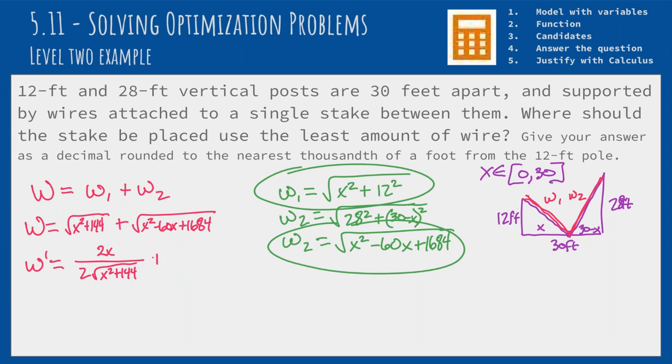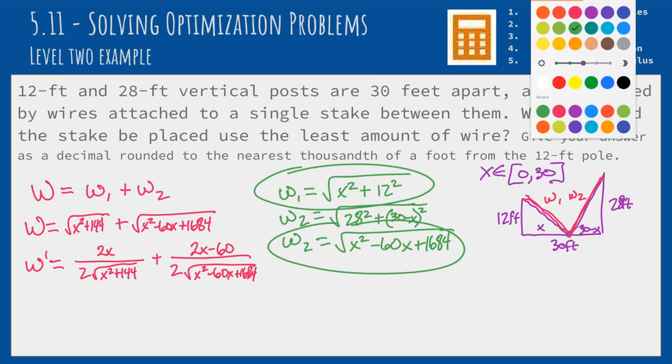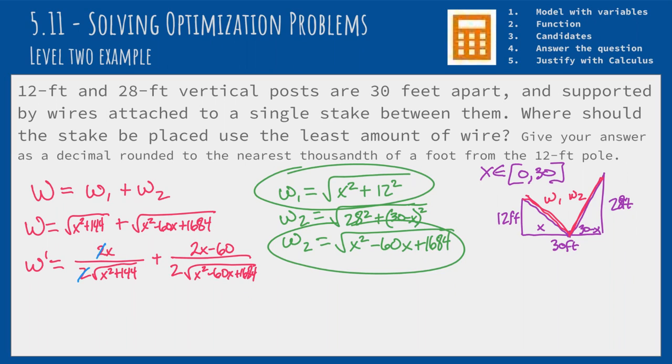And then same thing for this one. And then the derivative of the inside is going to be 2x minus 60. And then just for the purpose of plugging into my calculator, I'm going to make this as simple as I can.